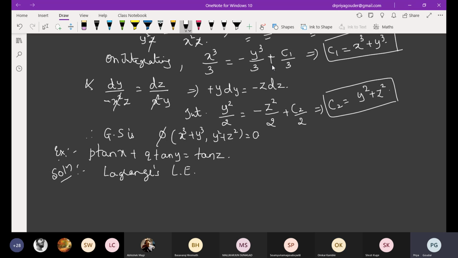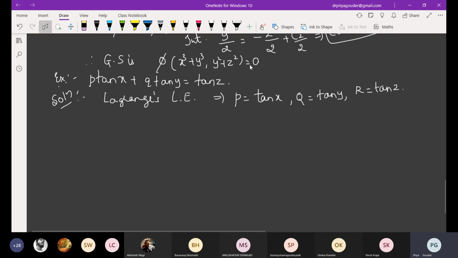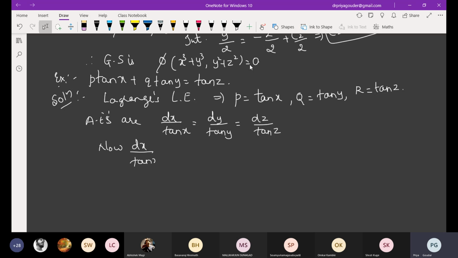Tell me what is P, Q, R. Tan X, tan Y, and tan Z are the values of P, Q, R. What are the auxiliary equations? Dx upon P, dy upon Q, dz upon R. Isn't it? They are already separated. You only have to take two at a time and do it. Simple equation. Dx upon tan X is equal to dy upon tan Y.